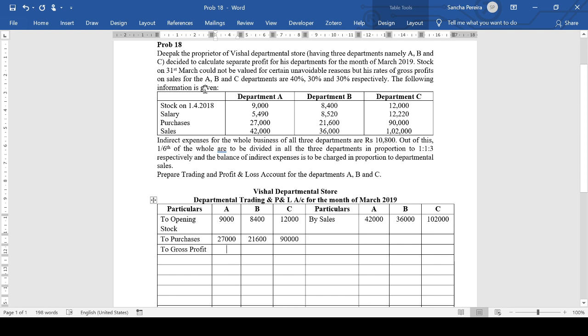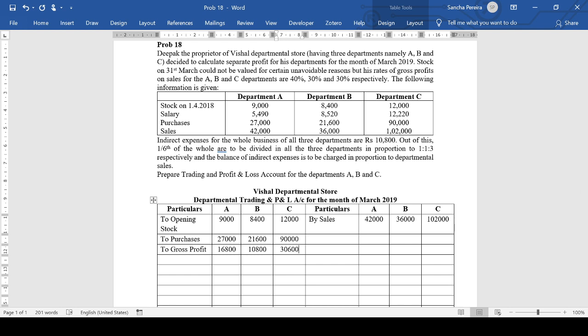So for A it will be 40% of 42,000, which is 16,800. For B, 30% of 36,000, which is 10,800. And for C, 30% of 1,02,000, which is 30,600.